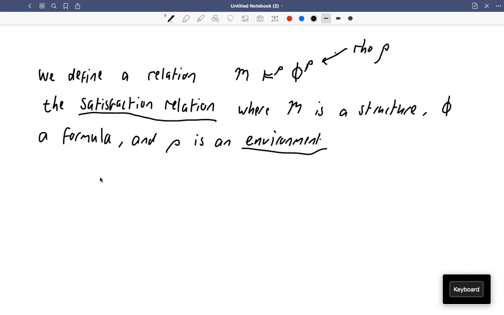That means rho is a function from variables to the underlying set of the structure curly M. When I call a structure curly M, if I use the ordinary non-curly capital M, I mean the underlying set of the structure. So let's maybe just write that down in brackets: underlying set of M.